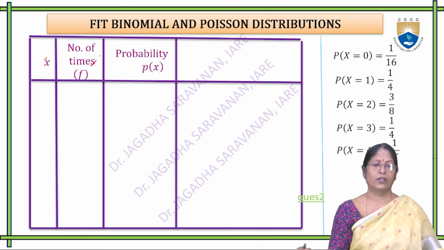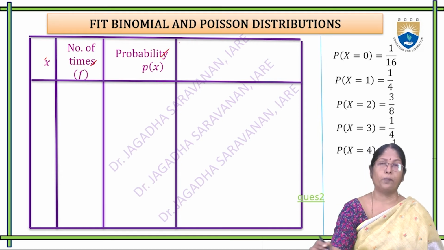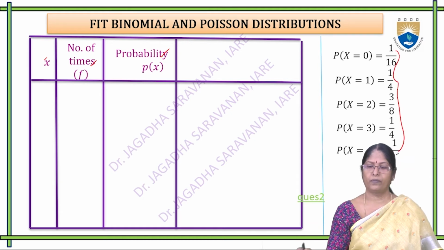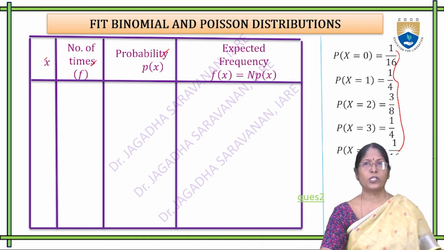The first 2 columns of data are given in the question itself. The probability p of x, which we kept in the rough column, we are going to put here. Those are the values from the previous slide. Expected frequency, f of x equal to n into p of x.